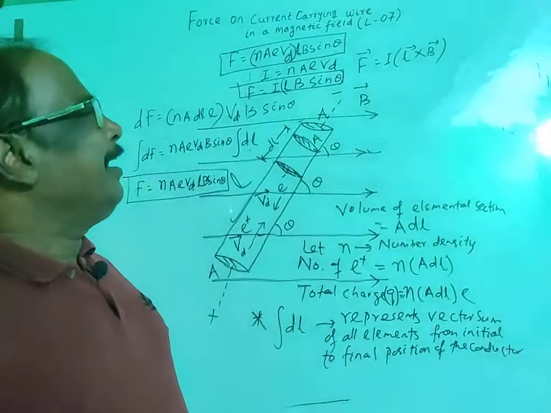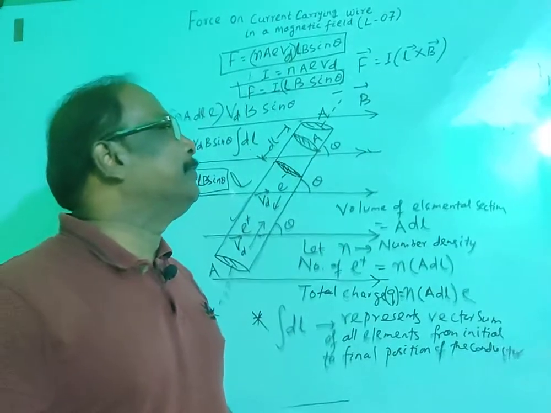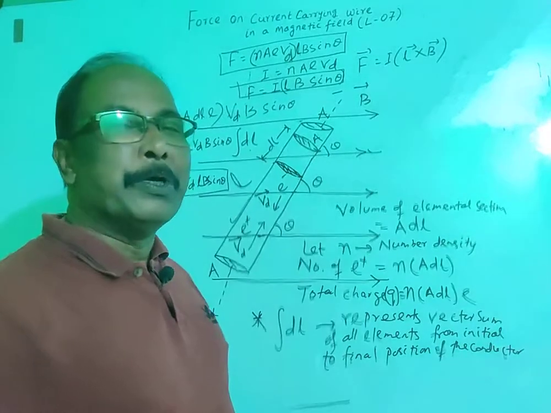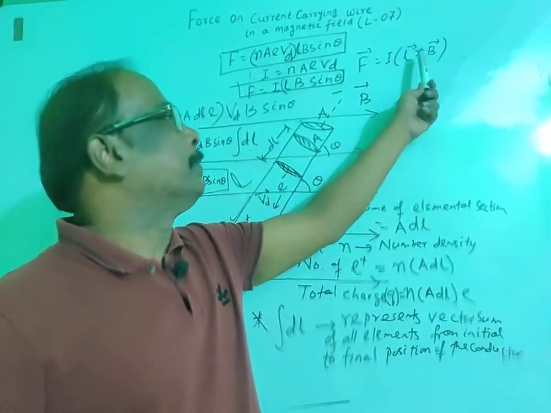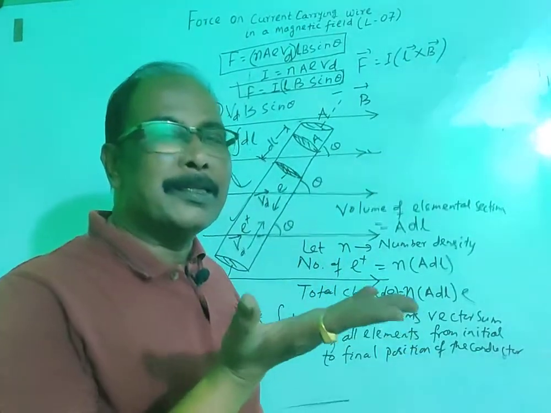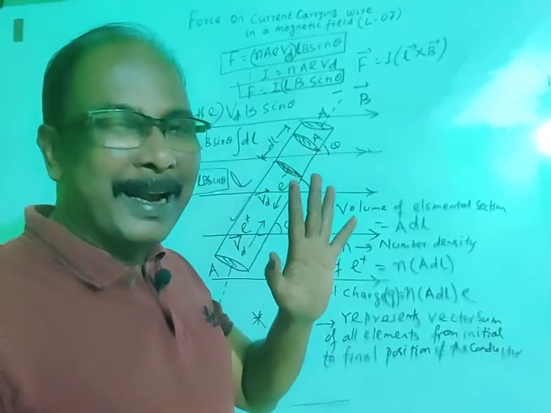Okay. In vector form, F is equal to I into L cross B. By using this relation, we can calculate the direction of force either by taking the direction of cross product of L and B, or by using Fleming's right hand rule, or by using Fleming's left hand rule.